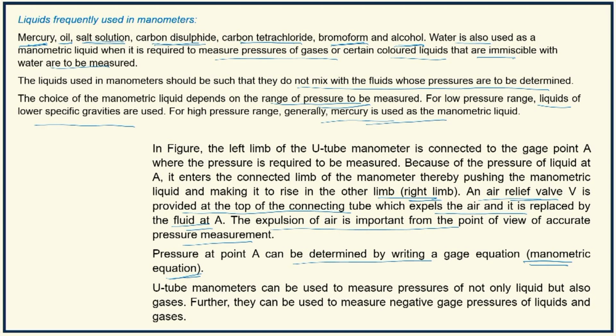U-tube manometers can be used to measure pressures of not only liquids but also gases. That is the second disadvantage we mentioned in using piezometers: piezometers cannot be used for measurement of pressure of gases. That can be overcome by employing U-tube manometers. Further, they can be used to measure negative pressures of liquids and gases.